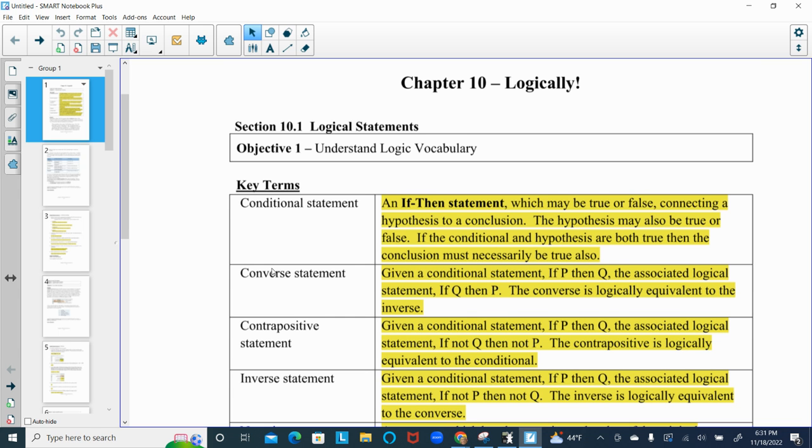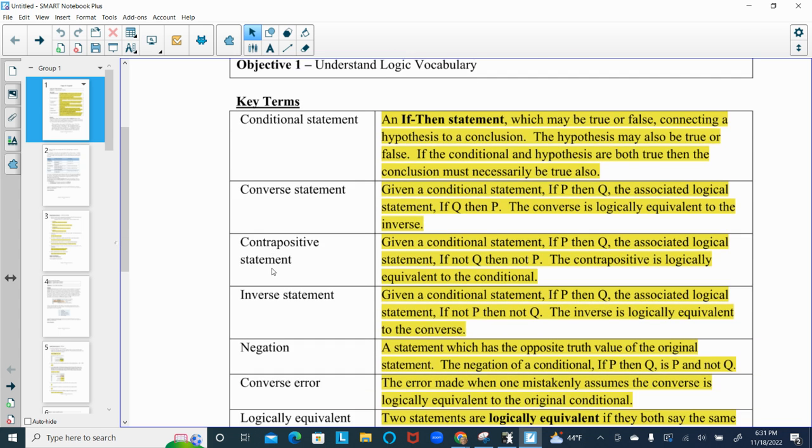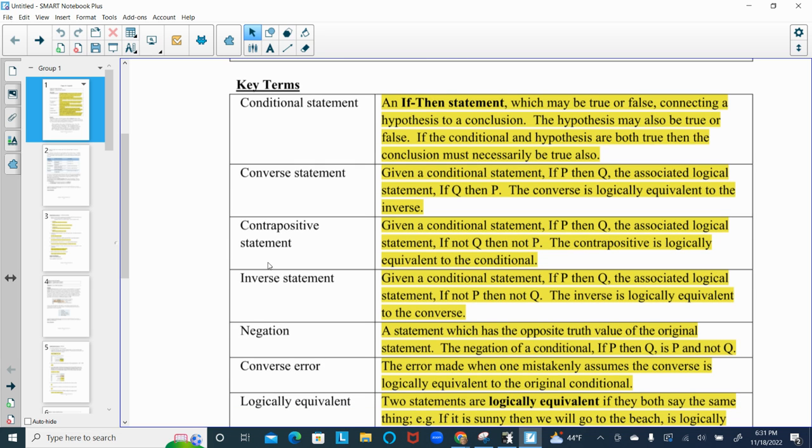So let's take a quick spin through the vocabulary. Remember that we can have things called a conditional statement. If that's new for you, a conditional statement is an if-then statement. So if I were to say, if it is cold outside, then I will wear a coat, the if is the clue that you are talking about the hypothesis.